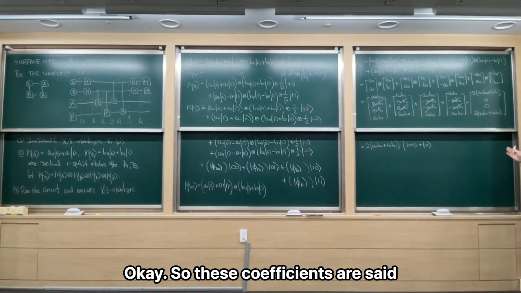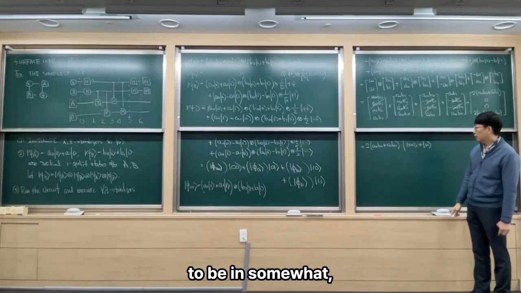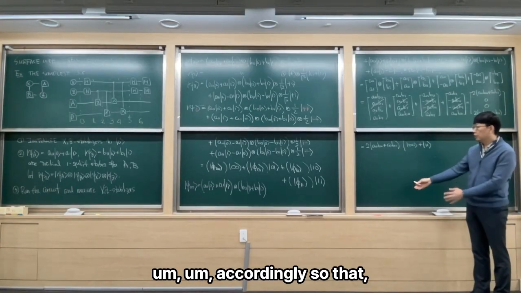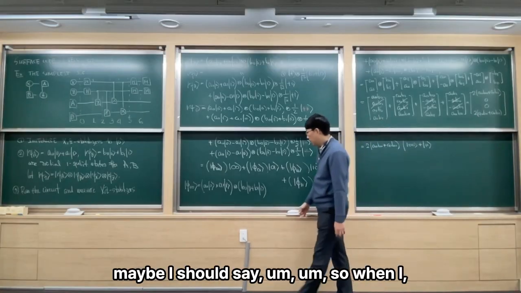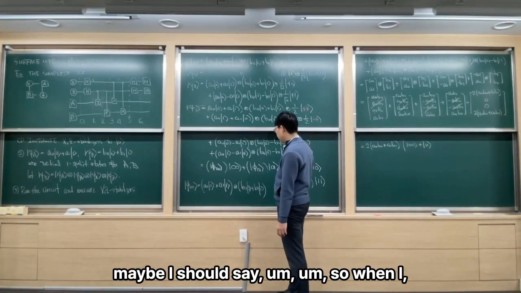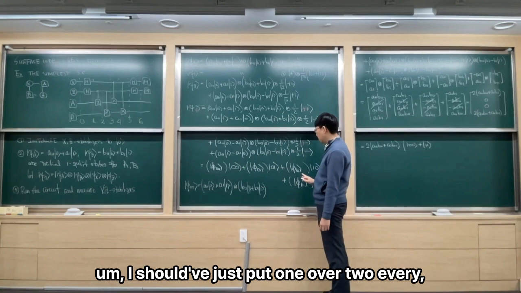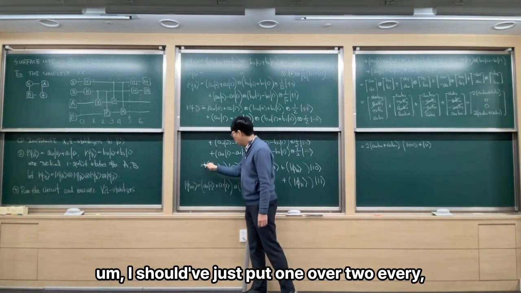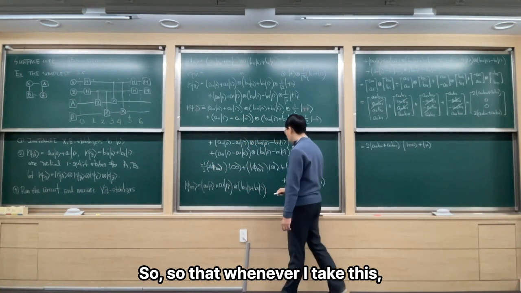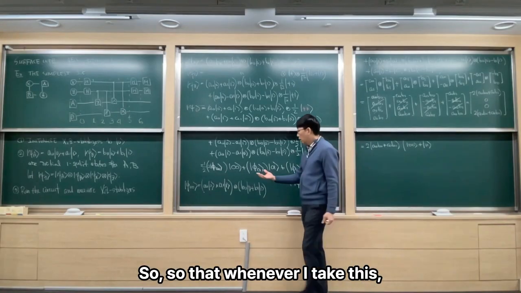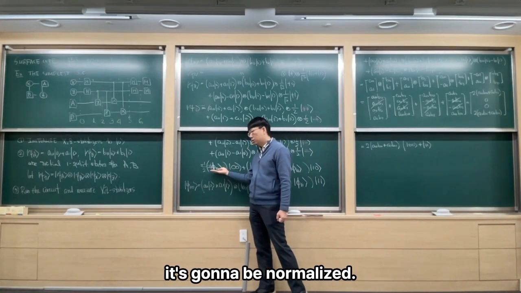Okay. So these coefficients are set somewhat accordingly. When I write this out, I should have put 1/2 at every other place here, and 2 here, so that whenever I take this quantum state for the data qubits, it's going to be normalized.